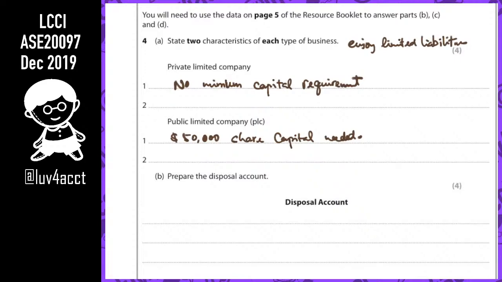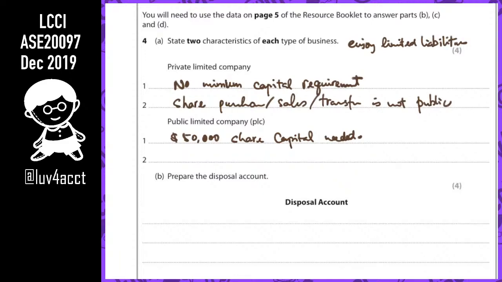Private limited companies, the share purchase, or sale, or transfer is not public. It's not publicly available.